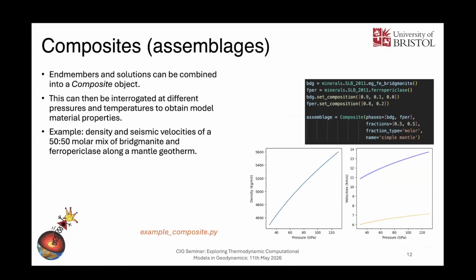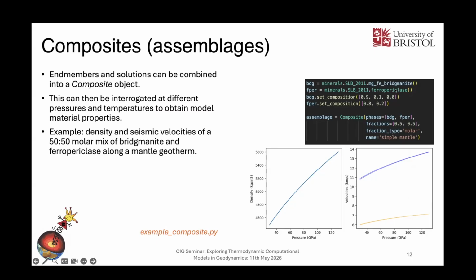We can do exactly the same thing for composites. As we're building up assemblages, we can join whichever end members and solutions that we want and build them into a composite object. These can all be interrogated at different pressures and temperatures to obtain all of the model material properties that we want.